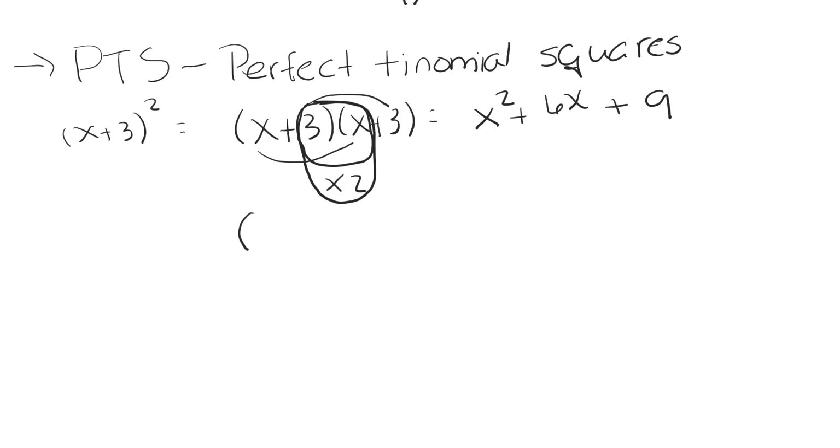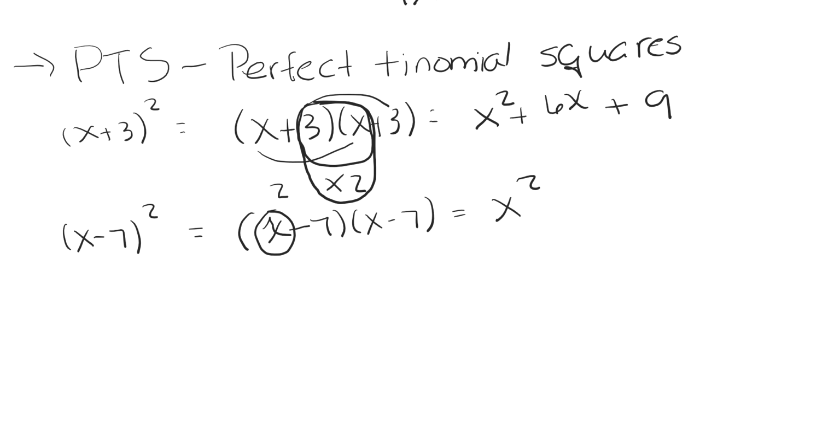Say you did x minus 7 times x minus 7. You square the first one. You square the second one.